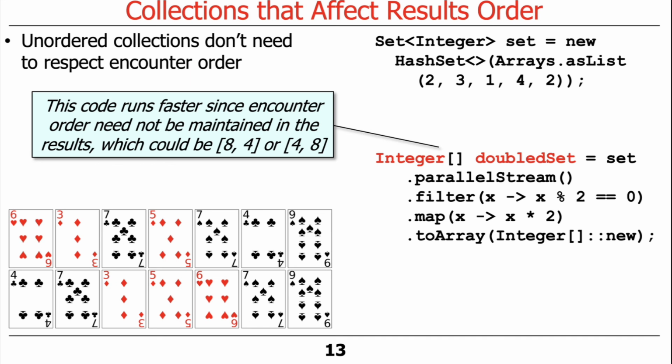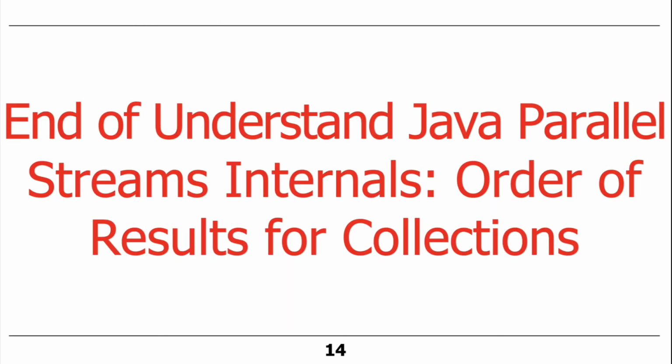You can see that the parallel stream version that uses the unordered collections will in fact run faster than the one that uses the ordered collections, because there's no need to order things in encounter order after all the parallel processing is done. So that was a quick overview, giving you some sense of how Java parallel streams work with respect to the order of results for collections that themselves are ordered or unordered.